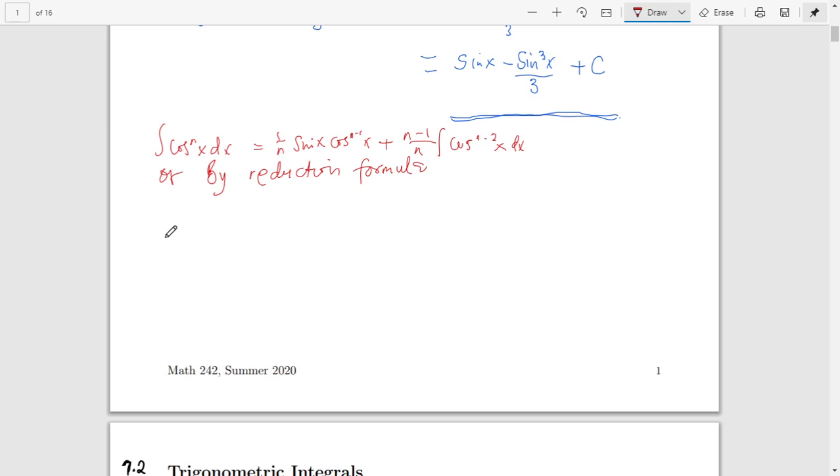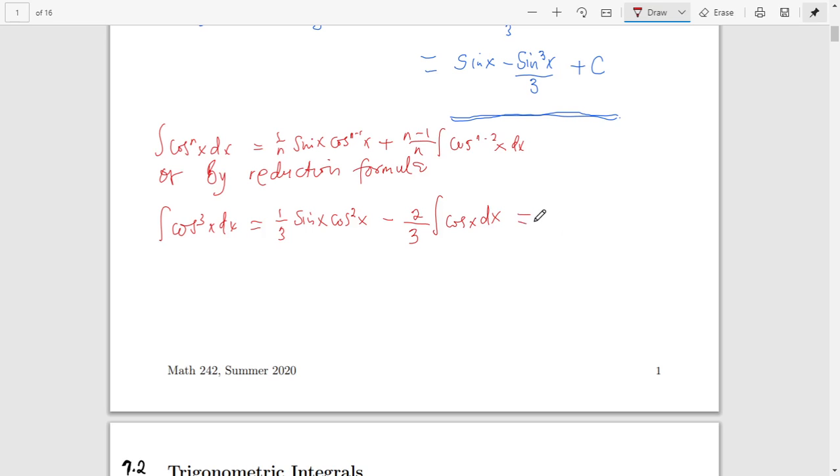So if we apply that to the integral of cosine cubed x dx, my n is 3, so I'll have 1 over 3 sine x cosine to the 3 minus 1, which is cosine squared, then plus n minus 1, which is 3 minus 1, which is 2, all over 3, and cosine to the n minus 2, which is 3 minus 2, is just 1, so you just have cos x dx.